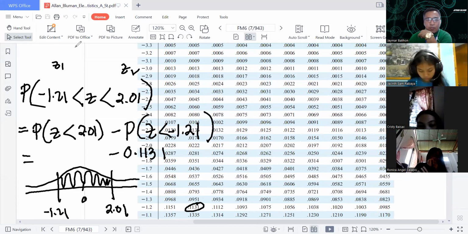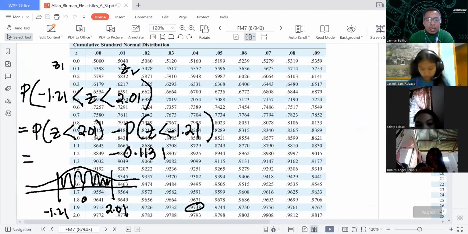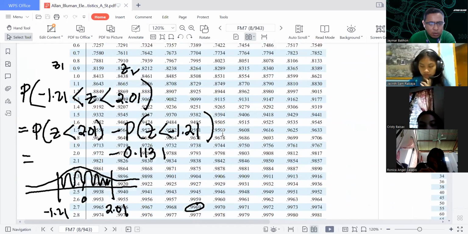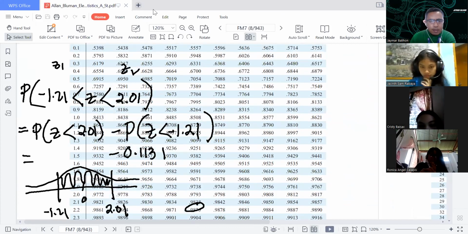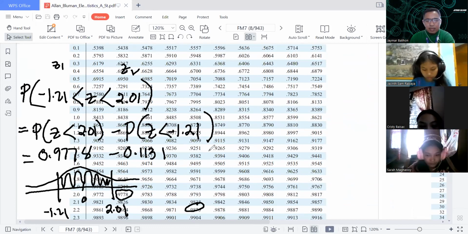We need to look for that value in the other table. Since it is positive, we use this table. We look for 2.0, somewhere here, and 0.01, so it must be this one, 0.9778. Clear? Do you all see it?